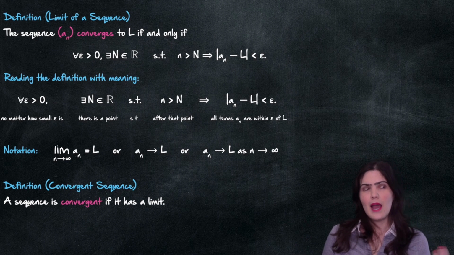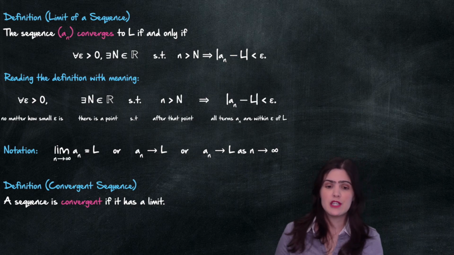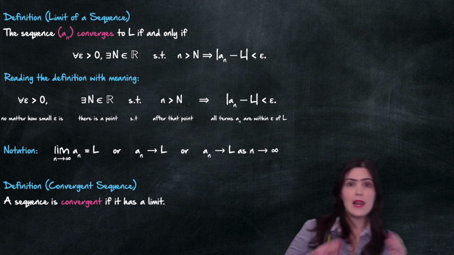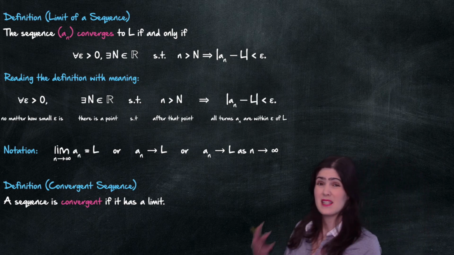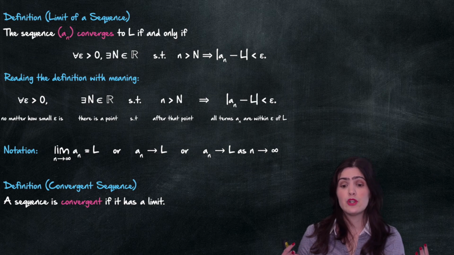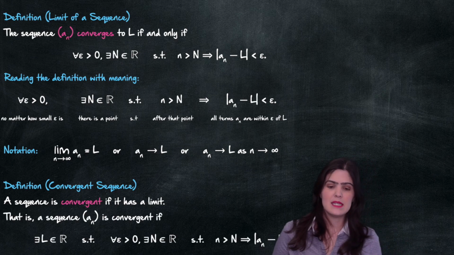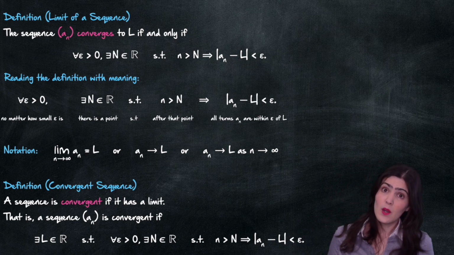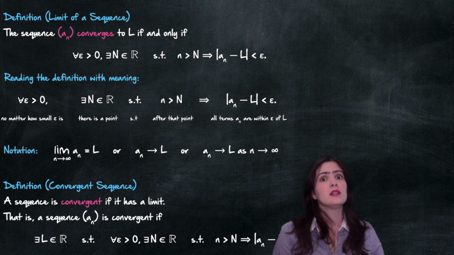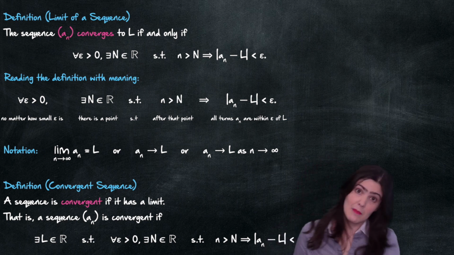And now I have a new definition, convergent sequence. So far we had shown that the limit is equal to something. That's the definition that we have. But now in general, we said that a sequence is convergent if it has a limit, if the limit exists. So what that means is that a sequence is convergent if there exists a real number such that that real number is the limit of my sequence.